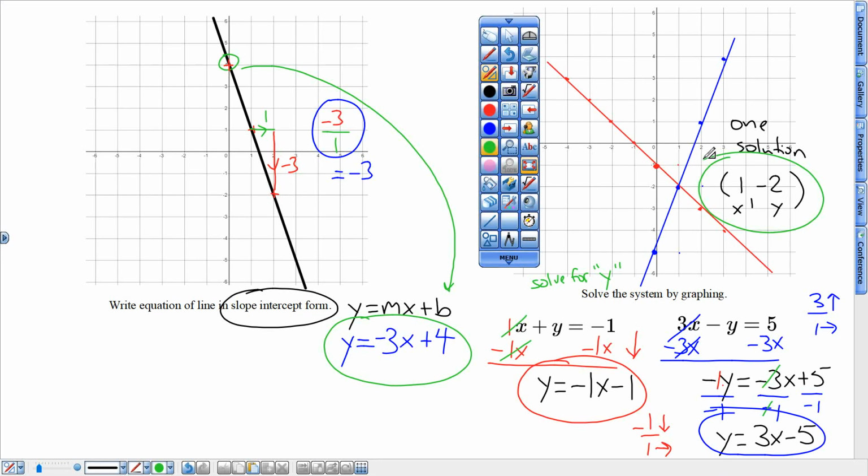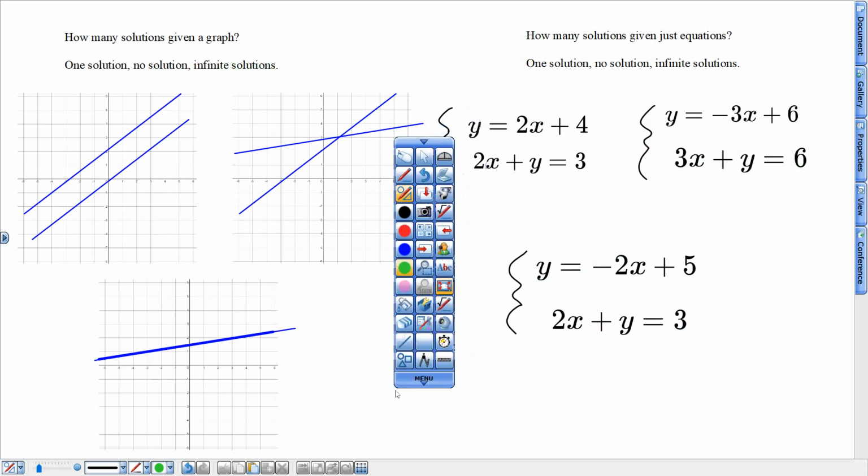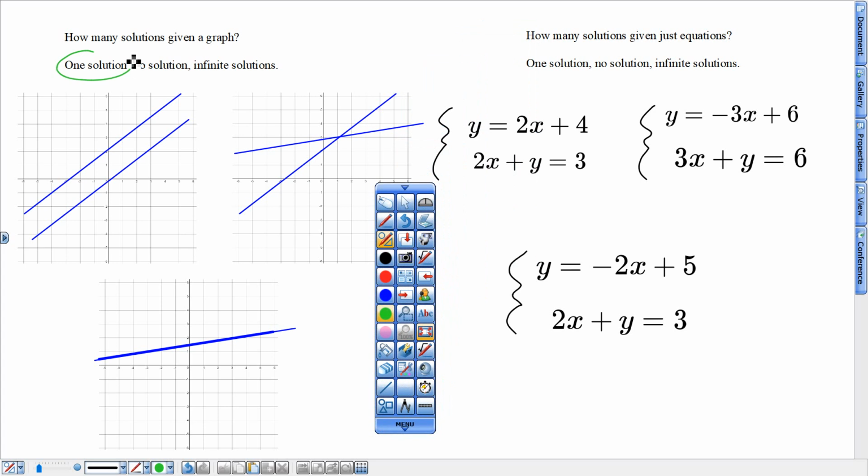All right, what you also need to know are these ones. How many solutions: whether you have one solution, no solution, or infinite. This one right here, this is parallel lines. Whenever it looks like this, it is a no solution situation. Any two lines that never touch is a no solution.